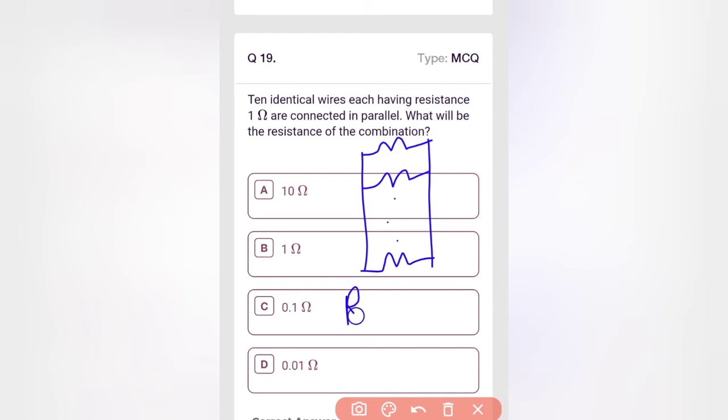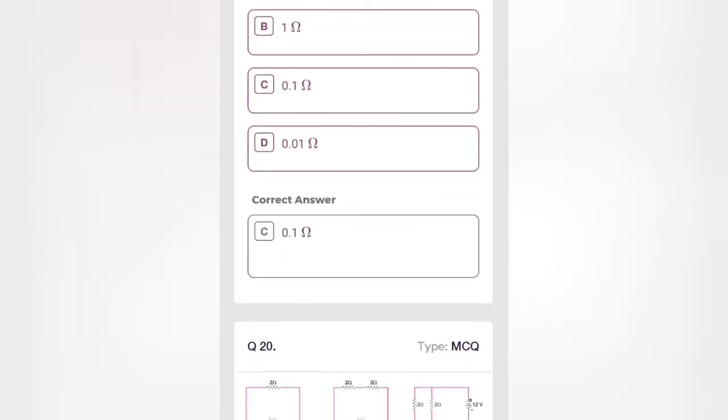So what is the formula? If identical resistances, I told the formula Rp is equal to R divided by N. This is equal to 1 divided by the number of resistances, 10. So it is 0.1 ohm. 0.1 ohm is the correct answer. Option C is the correct answer.